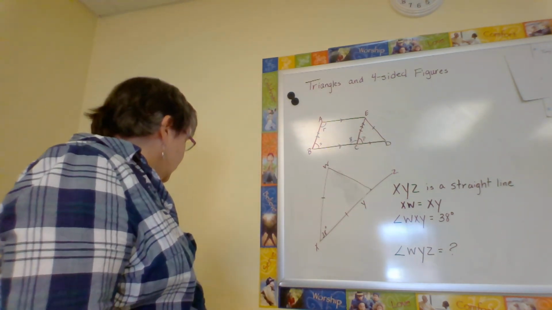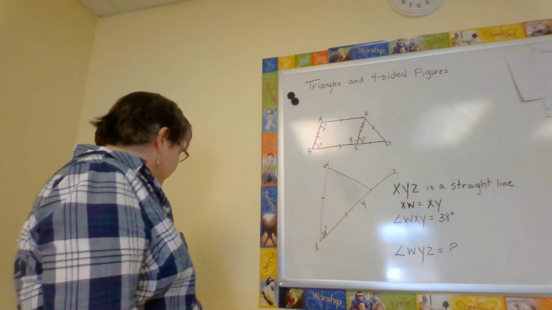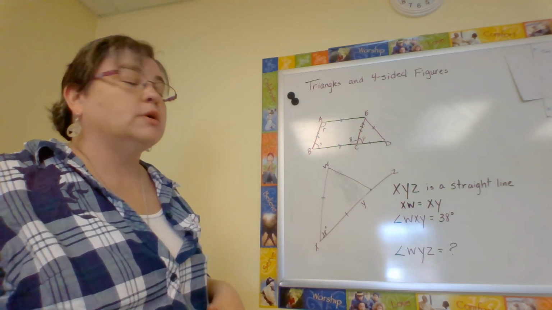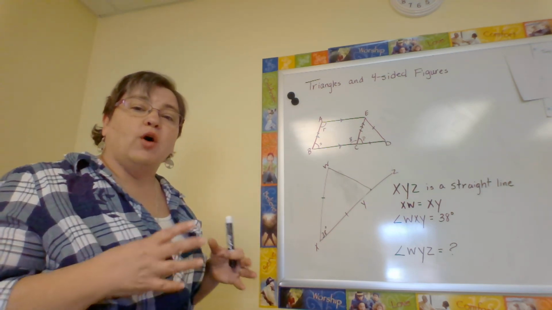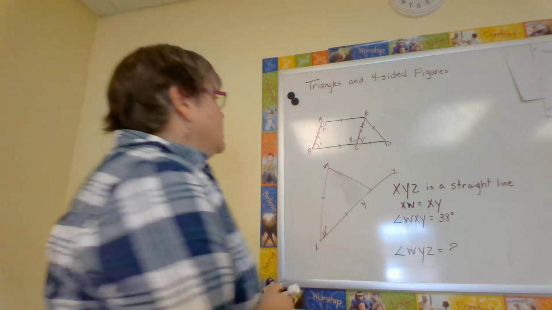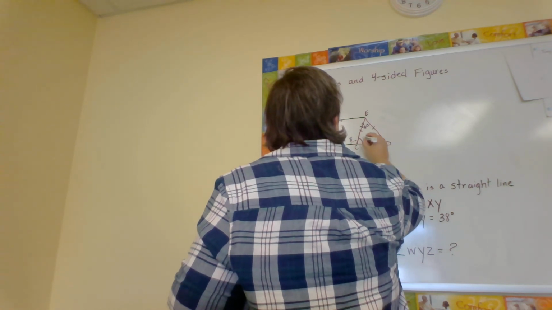And I know that BCD is a straight line. So if CDE is an equilateral triangle, what can we say about its angles? Equilateral triangle, if all the sides are equal, all the angles have to be equal, they all have to be 60 degrees. So I know that all of these angles are 60.